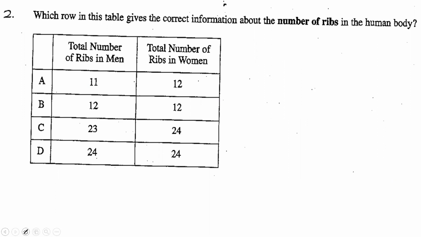Total number of ribs in men: A, 11; B, 12; C, 23; D, 24. Total number of ribs in women: A, 12; B, 12; C, 24; D, 24. Okay, good.